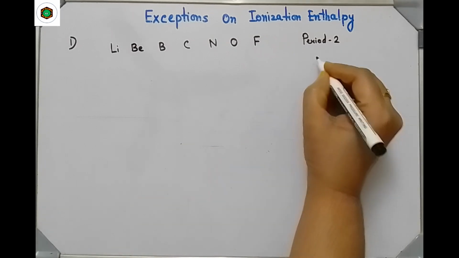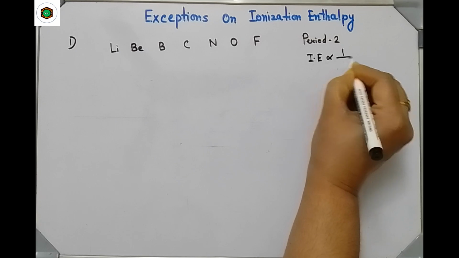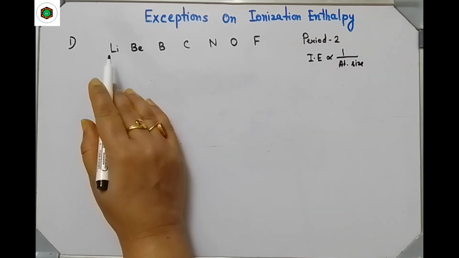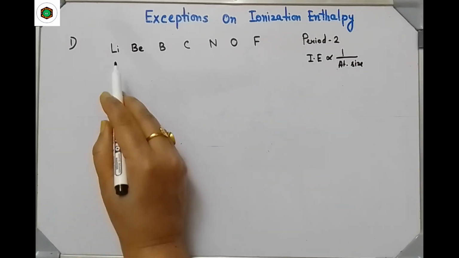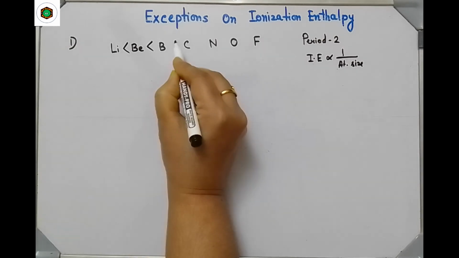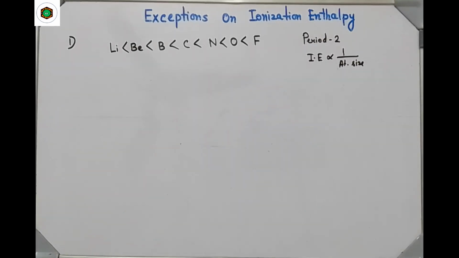As we know, ionization enthalpy is inversely proportional to atomic size. So left to right, here ionization enthalpy should increase. It should be like that. But two exceptions are here.